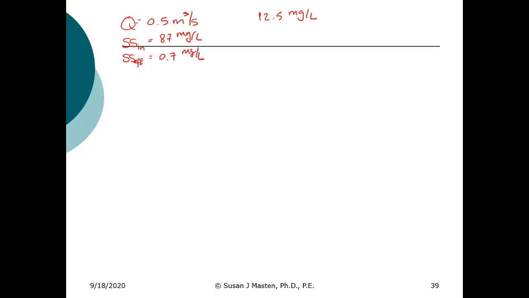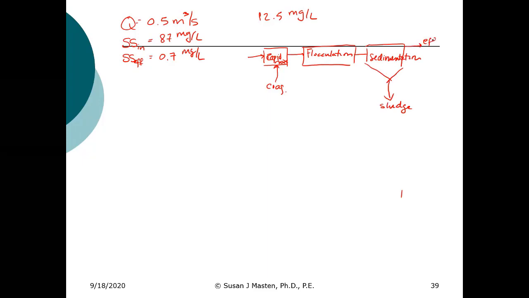So let's go back and look at our system. We have rapid mix, so we're adding the coagulant. We have flocculation. We have sedimentation. And we have our effluent to the filters.